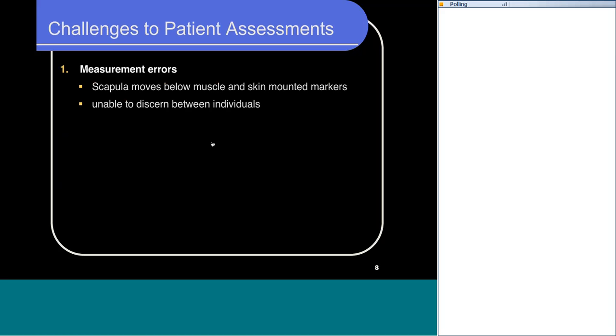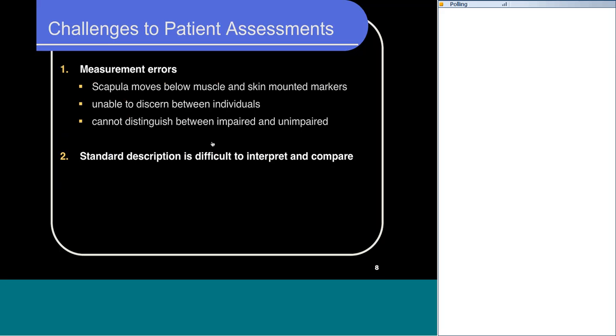Because of that inaccuracy, we're unable to really discern between individuals, and we can't distinguish between impaired and unimpaired. So it's hard to do the first goal in the patient assessment. And then also the standard description that I'll go into next is difficult to interpret and compare.